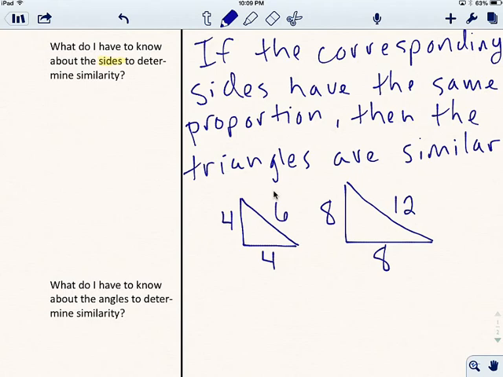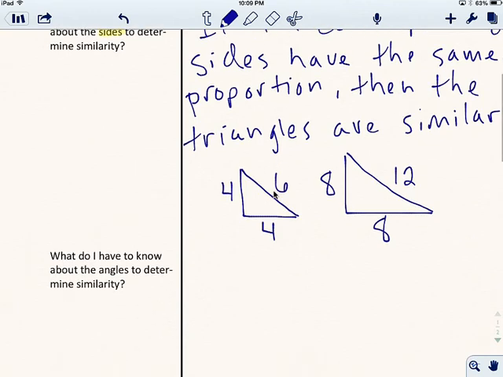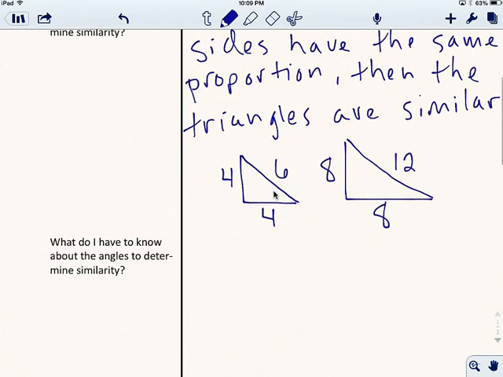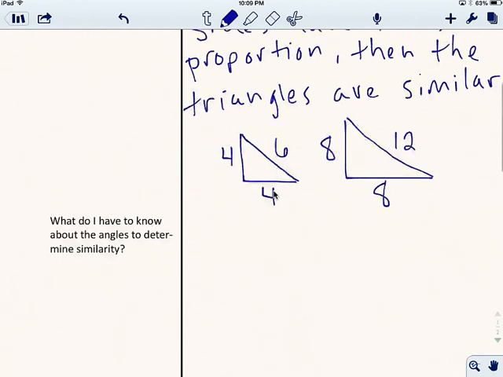What I'm going to do is make fractions. So 4, that's this 4 here, corresponds to 8, and that's this 8 here.